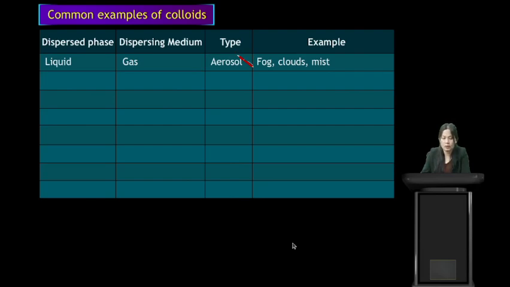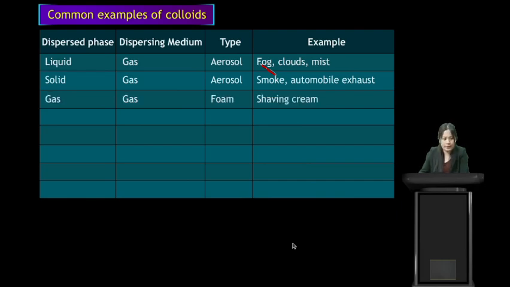This type of colloid is known as aerosol. Some examples of aerosol include fog, clouds and mist. Then the second is when the dispersed phase is solid and the dispersion medium is gas. This type of colloid is also known as aerosol. Some of the examples include smoke and automobile exhaust.